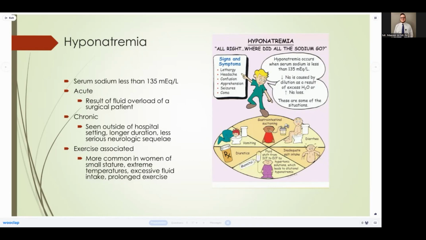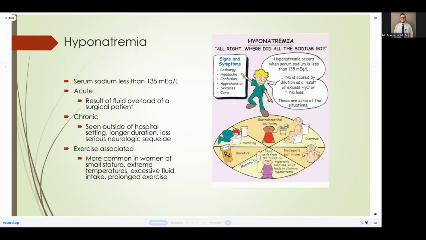Fluid build up in the blood vessels is going to dilute it down, and that would be hyponatremia. But also some of the other causes: renal disease, diuretics, losing excess amounts of fluid and sodium in urine. Gastric suctioning, vomiting can lead to it. Diarrhea, any of these fluid losses.